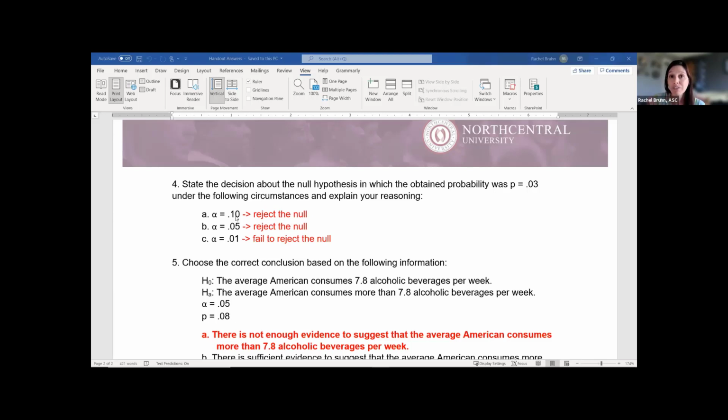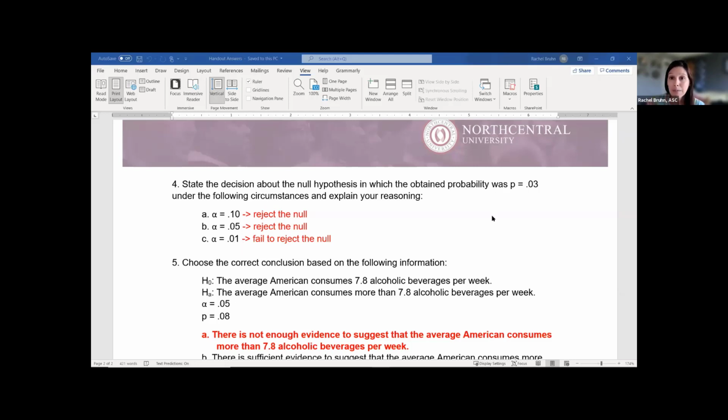When our results are significant, we reject the null hypothesis. The data supports the alternative hypothesis. Same thing for B. 0.03 is less than 0.05, which means it's significant, so I can reject the null. The data supports the alternative hypothesis.